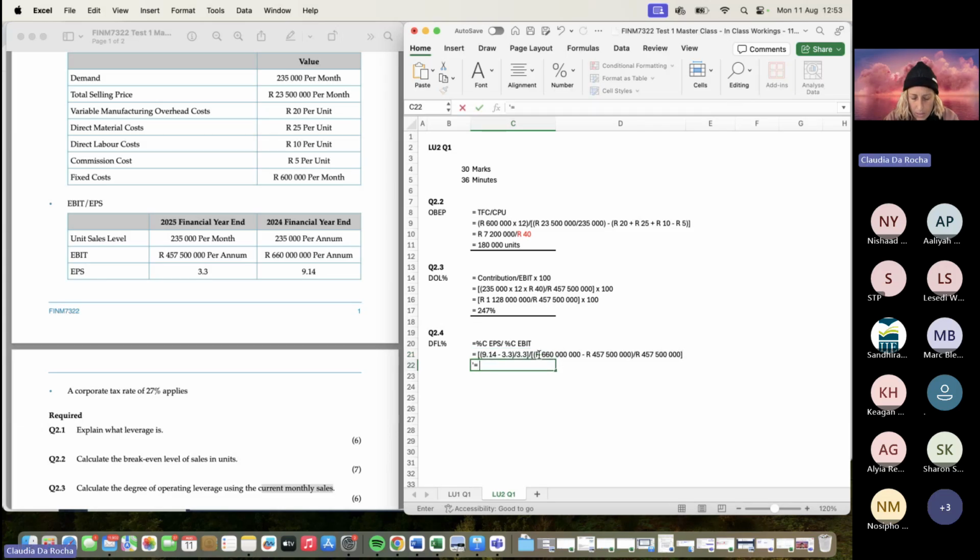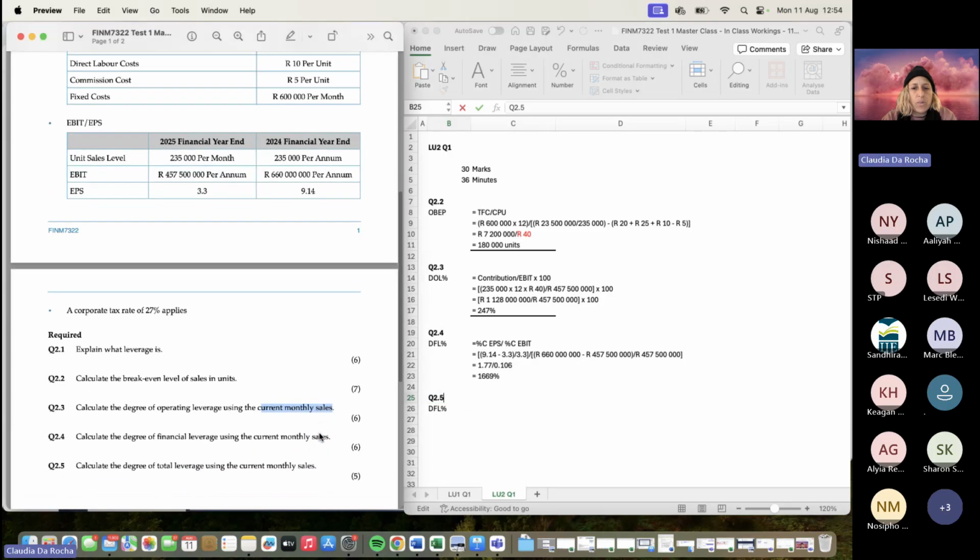And that will then give us an answer of 1.77 divided by 0.106, which then gives us 1,669% as the answer.